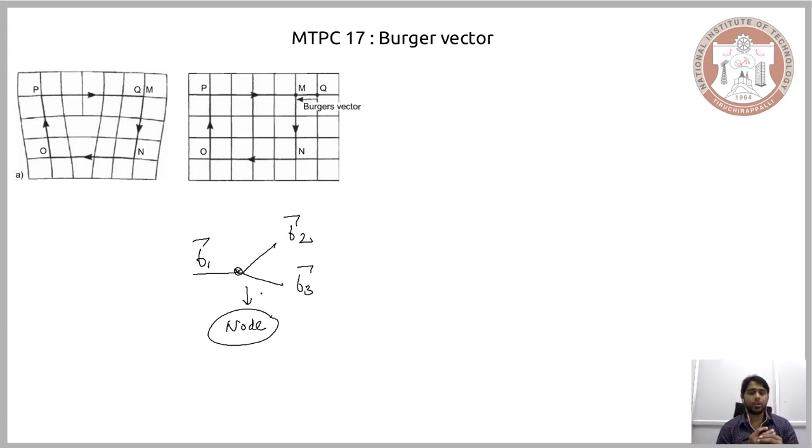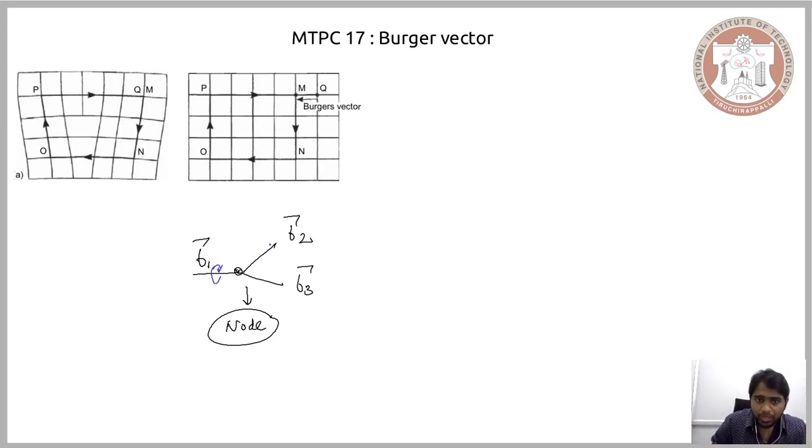Now, the way you can understand the relation between these Burgers vectors is by constructing a Burgers circuit. Let us use a different color. If you construct a Burgers circuit around it, this would give you the magnitude of the distortion that is brought about by the dislocation associated with B1.